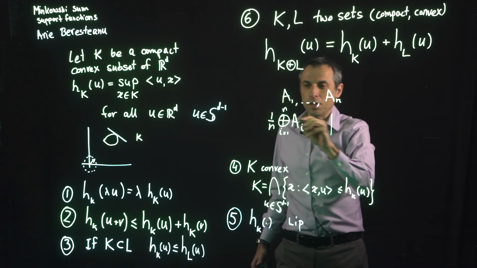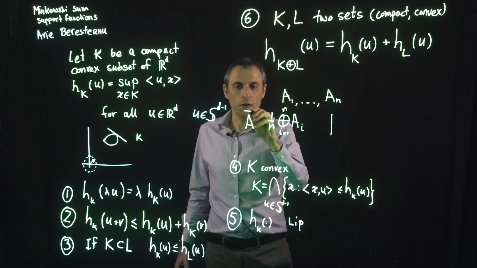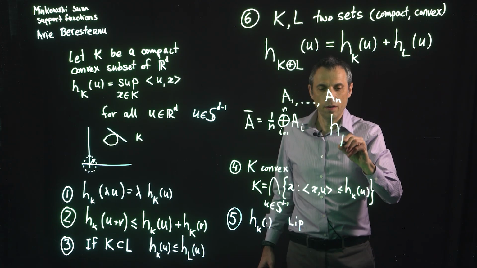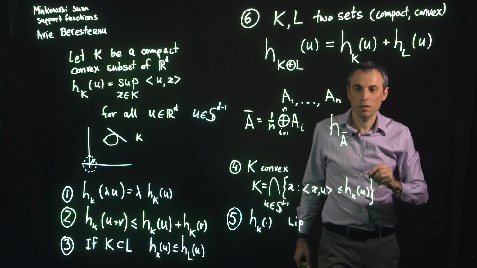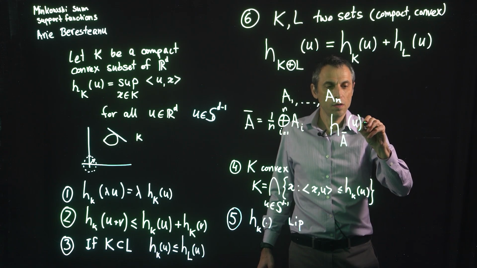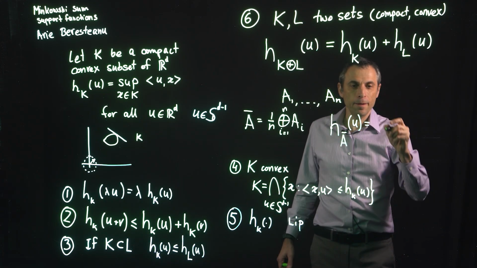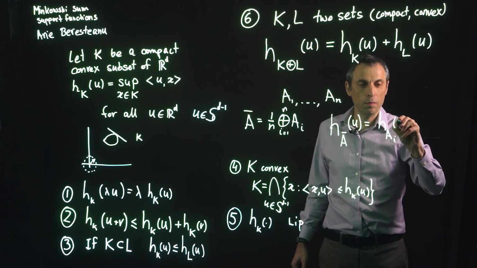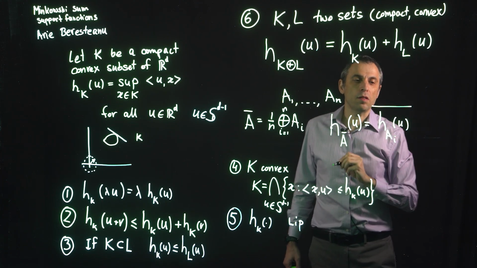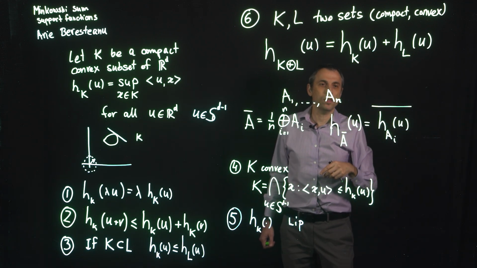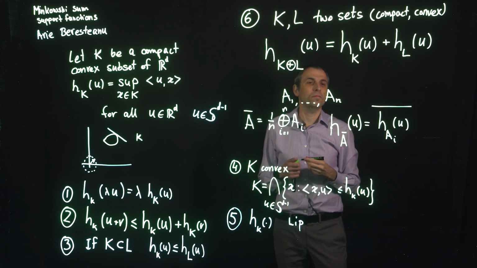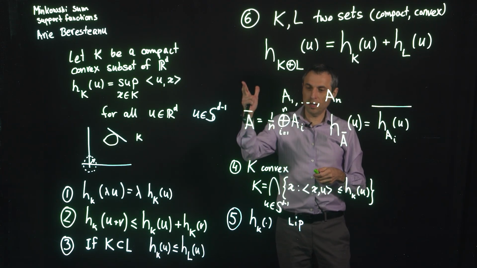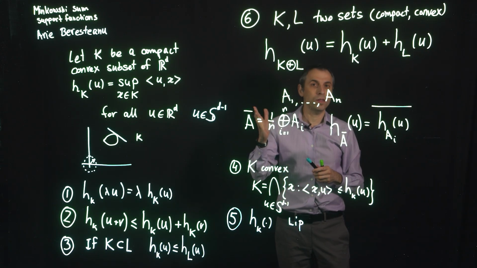So let's call this, just for simplicity, A bar. The support function of A bar, which is a compact convex set, evaluated at direction u, will be the sum of h_{A_i} evaluated at u, divided by n, so we take the average of them. And that's a useful and nice result that relates the support function and the Minkowski sum.